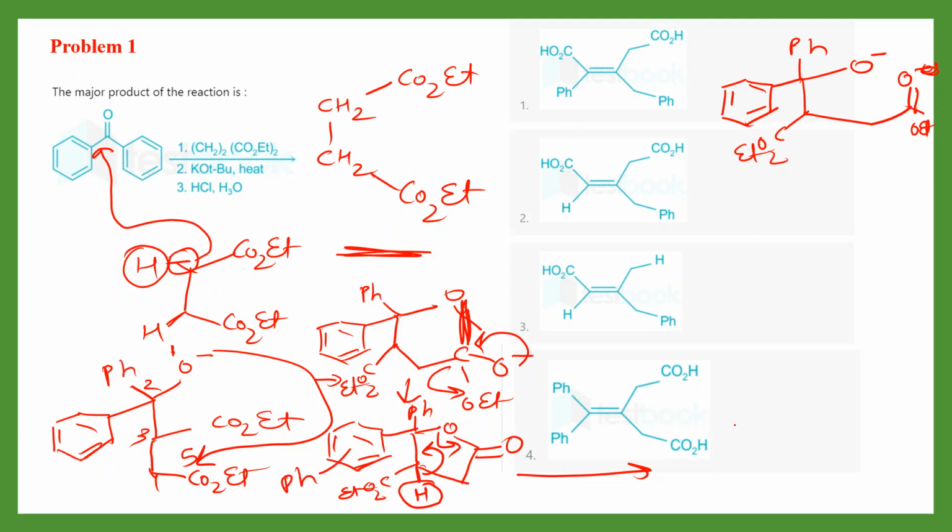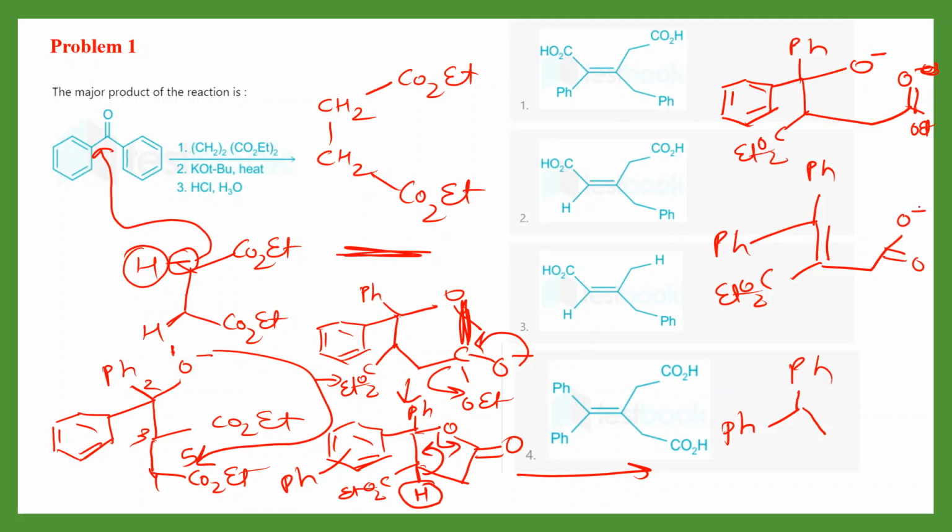We will write PhCH, PhCH double bond, CO2Et, and COO negative. And the last step, what is given? Workup, H3O positive. So it will become an acid.